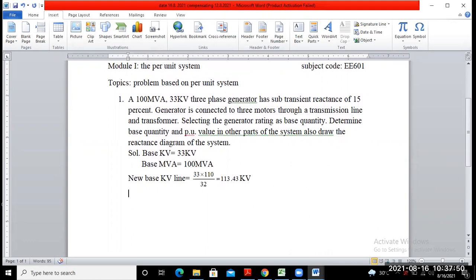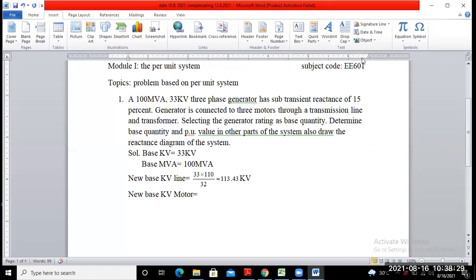And the new base kilovolt for the motor: just convert the base kilovolt on the motor. So new base kilovolt for the motor is equal to 113.43 into 33 divided by 110 volt.